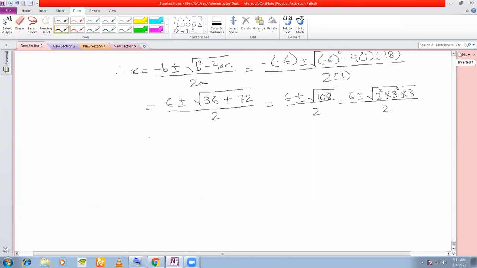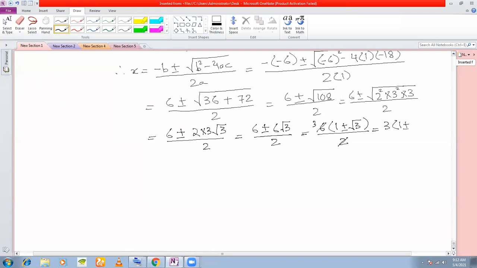So now this is 6 plus or minus 2 into 3 into root 3 divided by 2, which is 6 plus or minus 6 root 3 divided by 2. Now what you can do is take 6 common, get 1 plus or minus root 3 divided by 2. Now you can cancel with 2. So you simply get 3 into 1 plus or minus root 3.